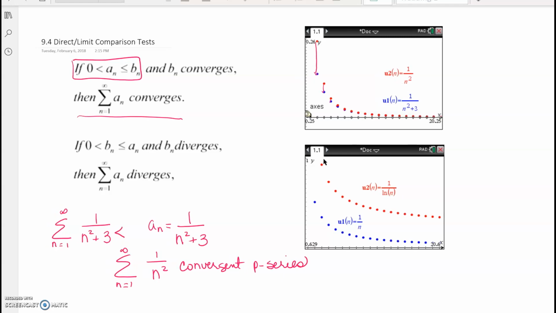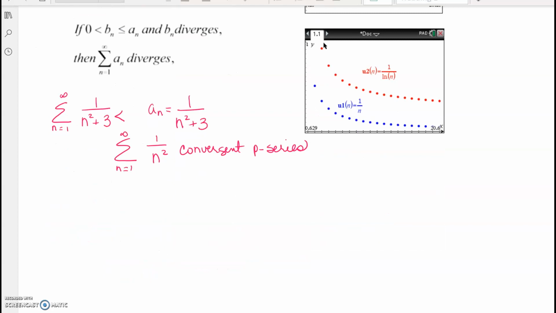So for divergent, we have the known divergent series right here, 1 over n. That's a divergent P-series. And so our series, n equals, I better do 2 because the ln of 1 is 0. That would be a typo if I didn't do it. 1 over ln n.